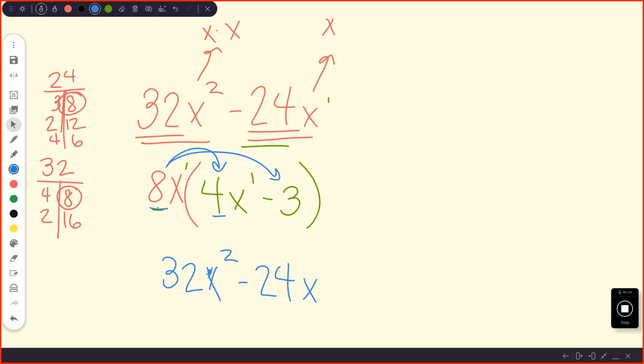Wait, 4 and 10. So you can take out an x if each term has an x. So are we doing the x on the outside of the parentheses? If each term has an x, then you can take out an x.